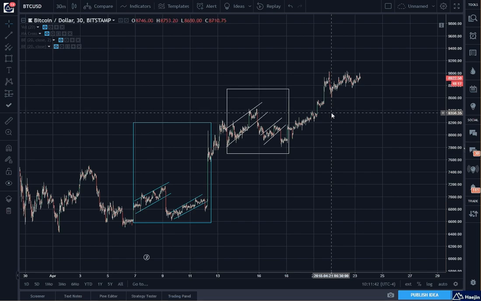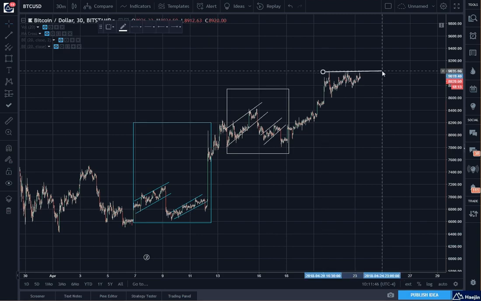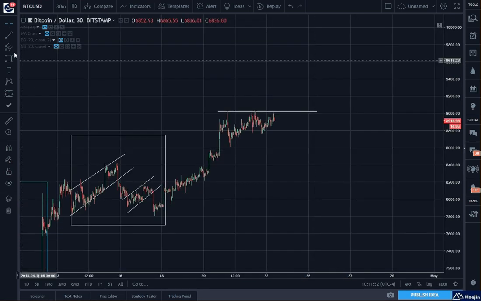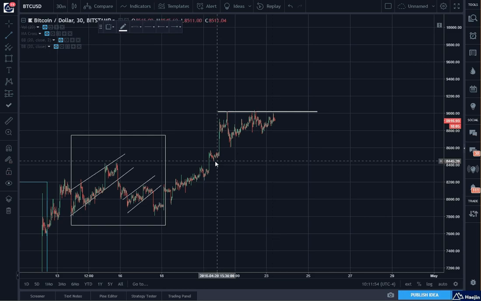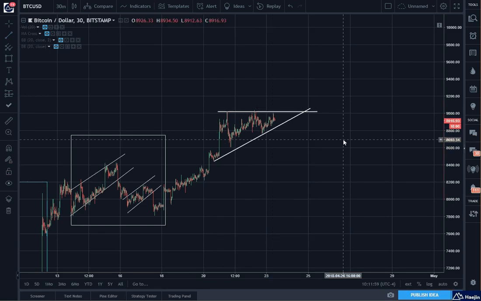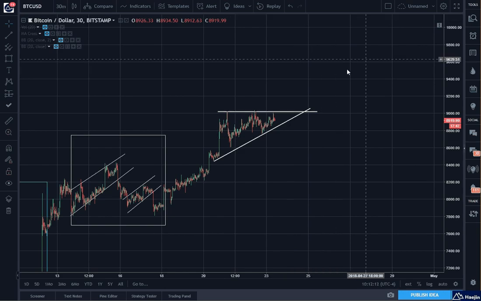So yes, ascending right triangles can be quite often found at the intermediary or at the continuation points of an ascent. And this is something that I would be looking at as a short term, but still more on the bullish continuation pattern of the price, its ascent, ideally towards the 10K area.